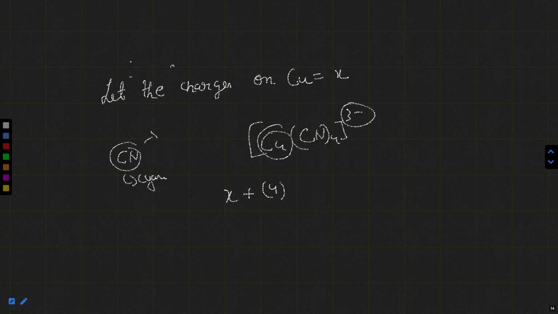If it was written in the other order, N and C, then we will consider it as isocyano. Clear? So one cyano has a charge of -1, therefore X minus 4 is equal to -3, which will give us X equal to +1.